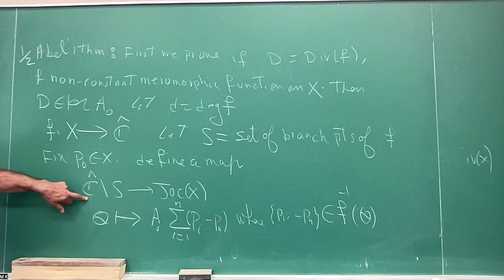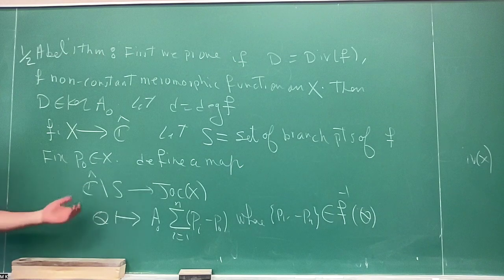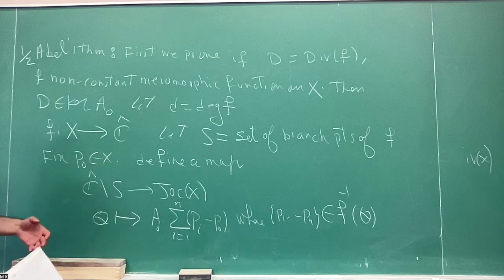It's not a branch point, right? So the map is not ramified at Q. If you look at F inverse of this Q, it has n points, where n is the degree.